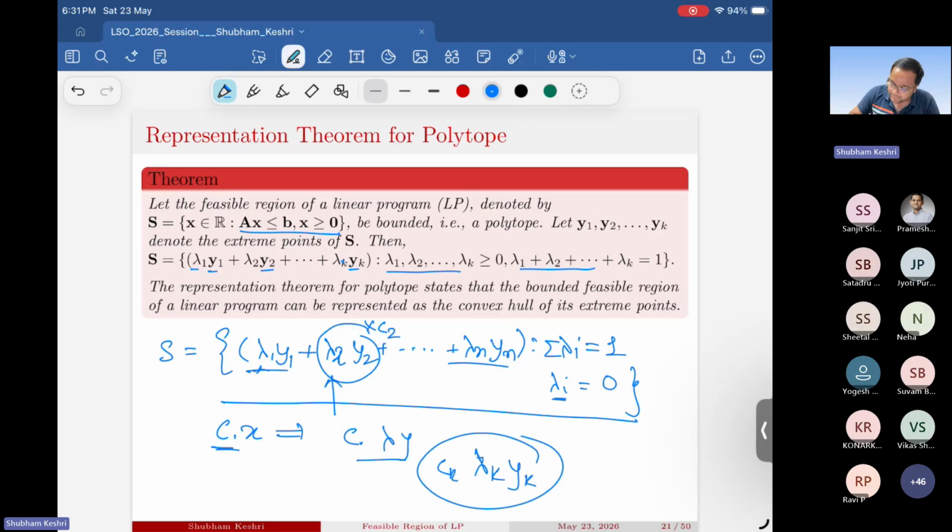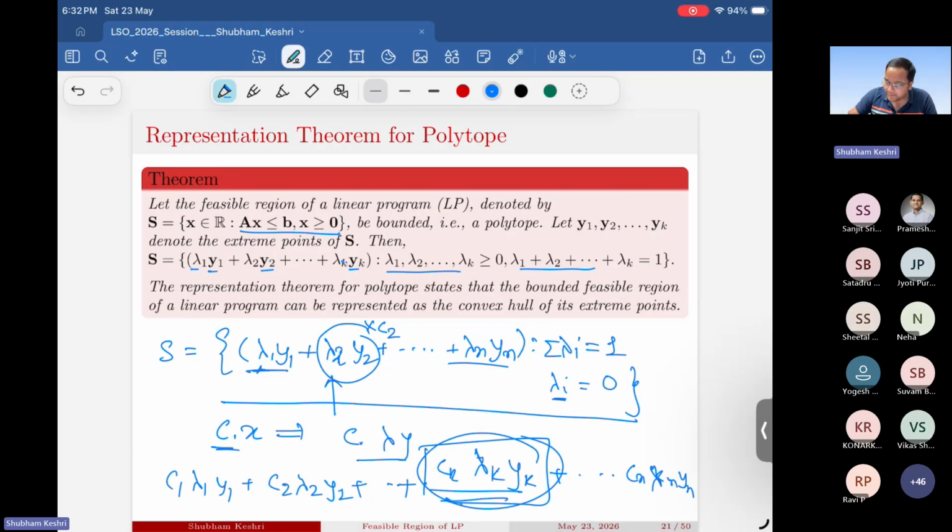So you have c1 lambda1 y1 plus c2 lambda2 y2 plus dot dot dot ck lambda k yk plus dot dot dot cn lambda n yn, right? You have the objective function like this. Now suppose this term is maximum. Among all other terms, this is the highest.